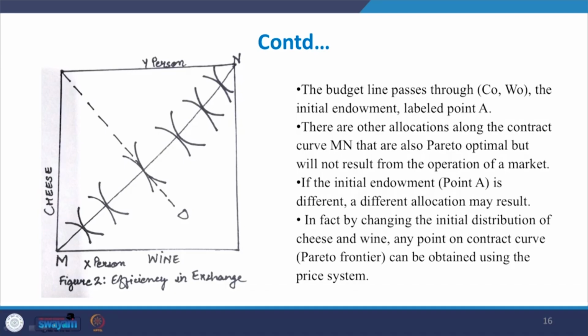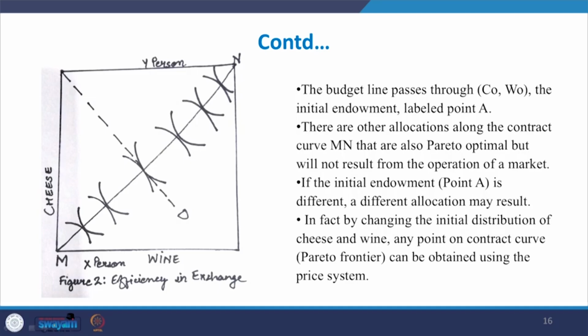So, if the initial endowment at point A is different, a different allocation will result. In fact, by changing the initial distribution of cheese and wine, any point on the contract curve can be obtained using the price system.